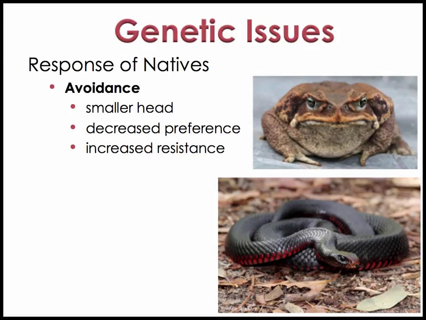An example of this is the red-bellied snake, where over time the snake itself evolved to have smaller heads, so it was less likely to eat a cane toad. It also had a decreased preference for them and an increased resistance to their toxin. So it responded by evolving to avoid the cane toads.